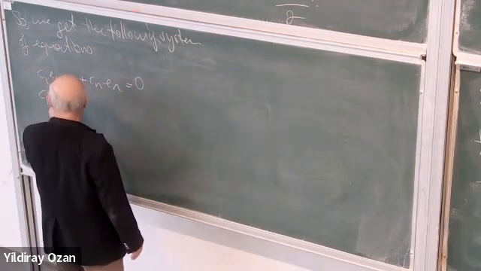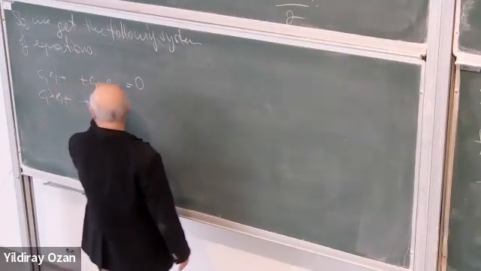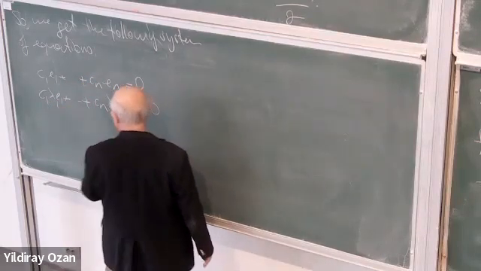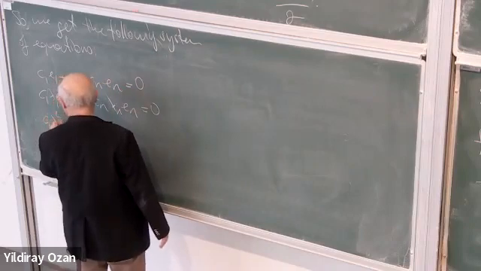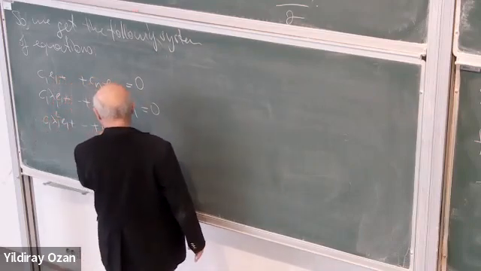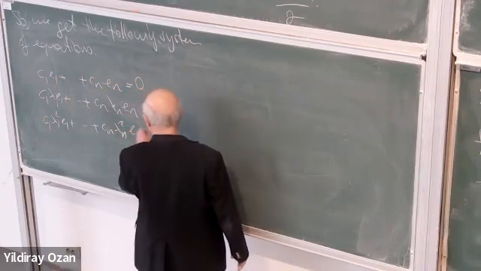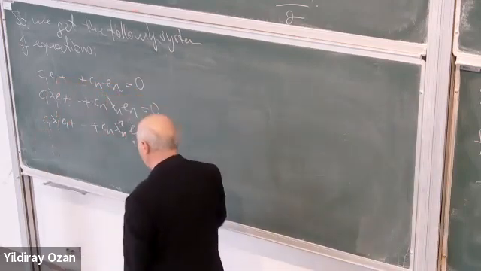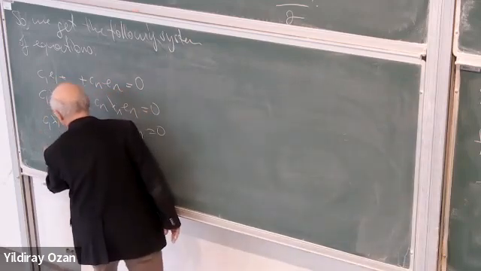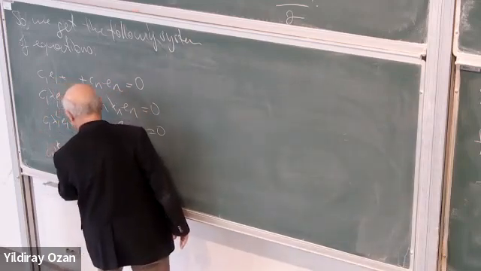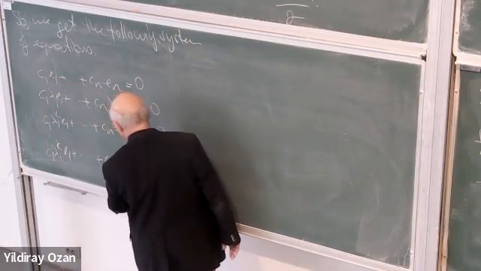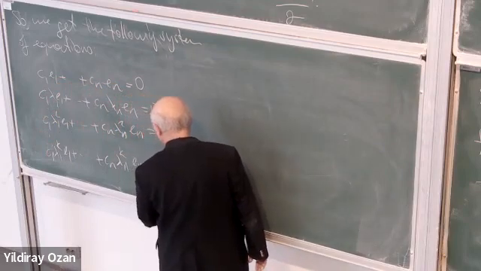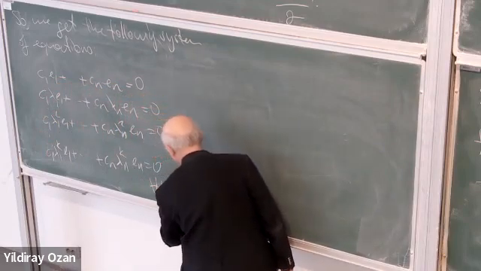C1 lambda 1 E1 + ... + Cn lambda n En equals 0. C1 lambda 1 squared E1 + ... + Cn lambda n squared En equals 0. And this is true for all integers k: C1 lambda 1 to the power k E1 + ... + Cn lambda n to the power k En equals 0 for all k.